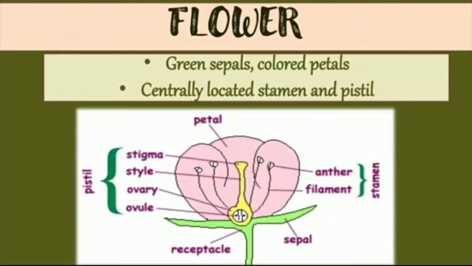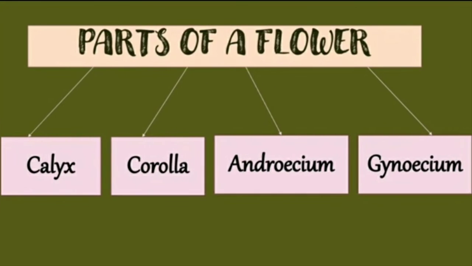So let us see in detail the parts of the flower. There are four parts of the flower: calyx, corolla, androecium and gynoecium. Okay, what are those? Calyx, corolla, androecium, gynoecium.